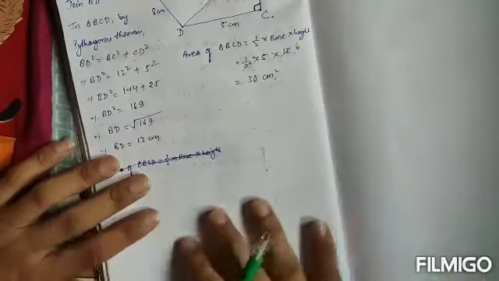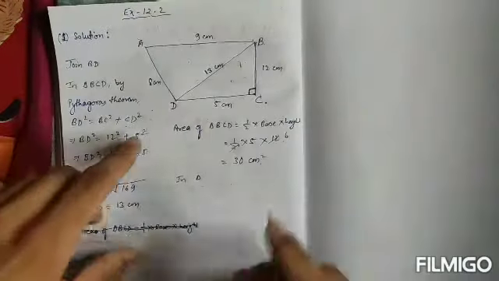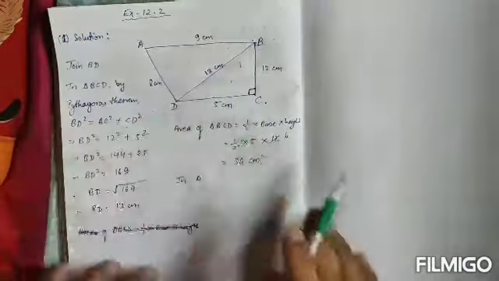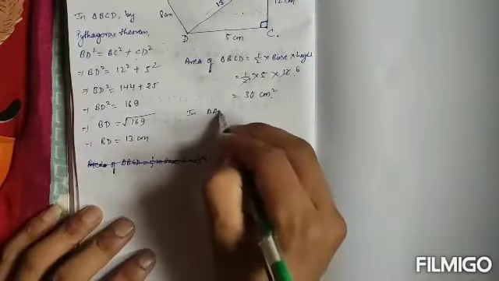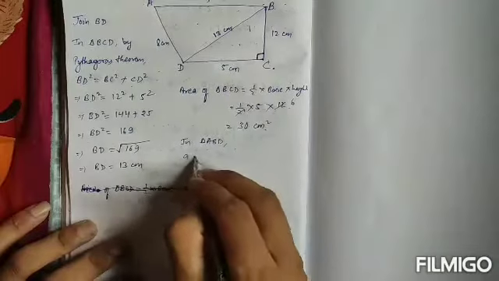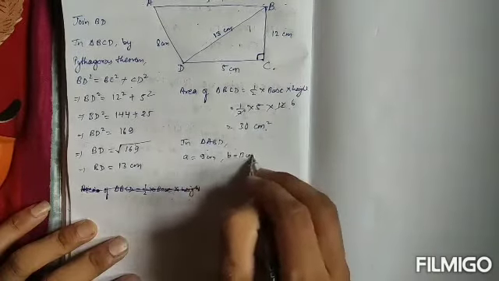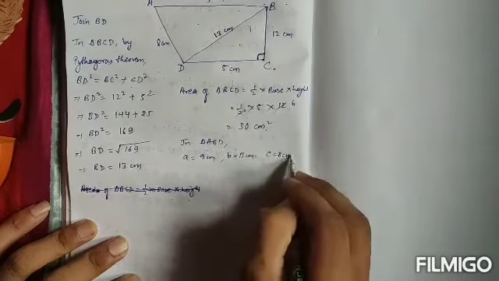Then now in the next triangle, which is the other one, ABD, isn't it? So in triangle ABD, we have the three sides, right? A is 9 centimeter, B is 13 centimeter, and C is 8 centimeter.